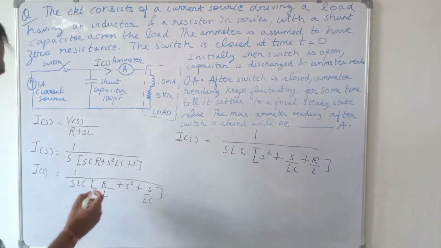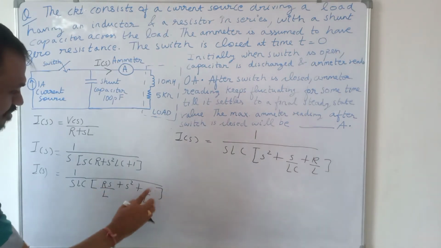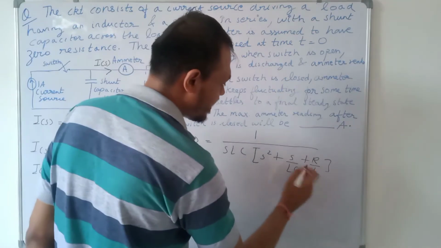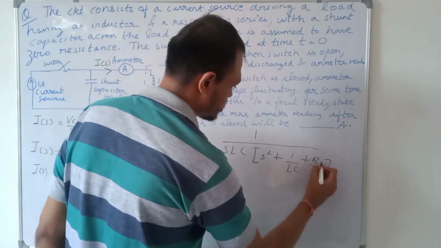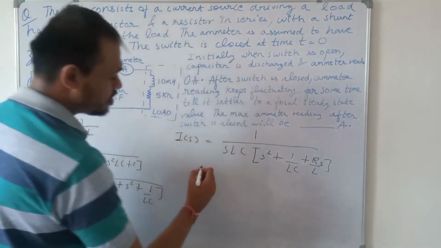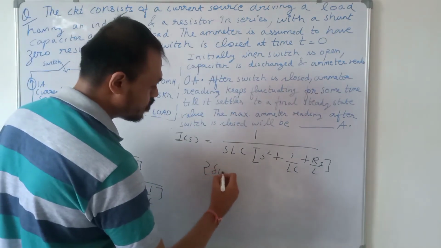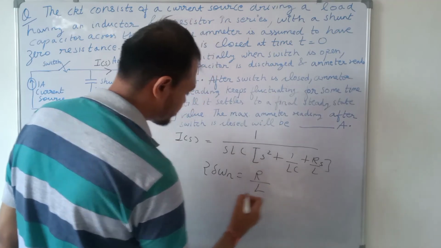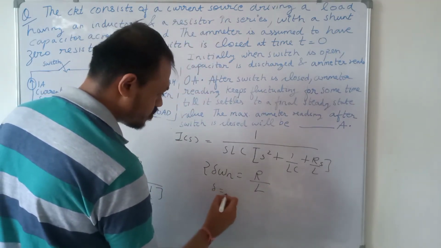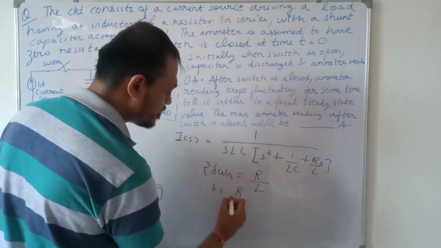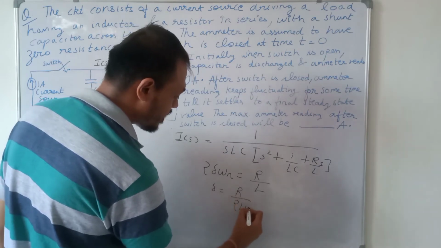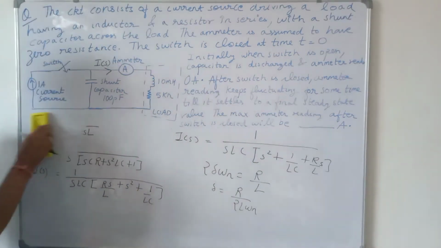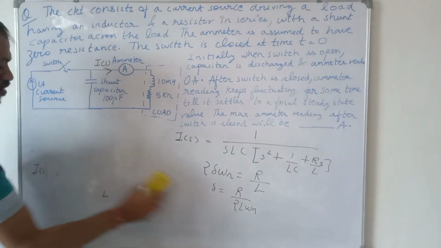So the LC term will come here. So this will be 1 upon LC plus SR upon L. So 2 into zeta into omega n is equal to R upon L. So zeta will be equal to R upon 2L omega n, and omega n is equal to 1 upon under root LC.